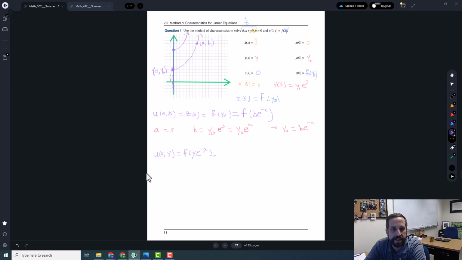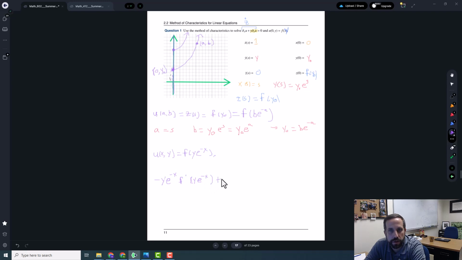Again, let's just verify that this does satisfy the PDE. If I do the x derivative of f, taking the derivative of the inside with respect to x, I'm going to get minus y e to the minus x f prime of y e to the minus x.